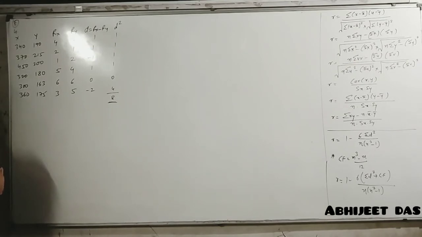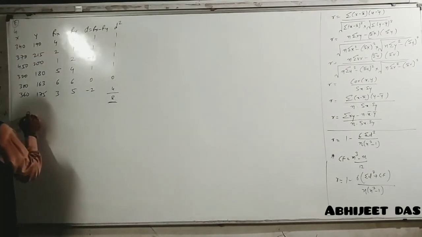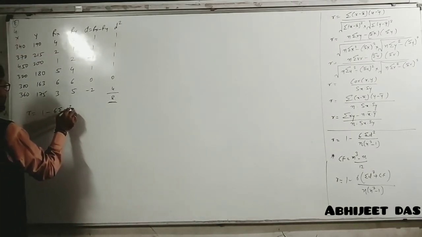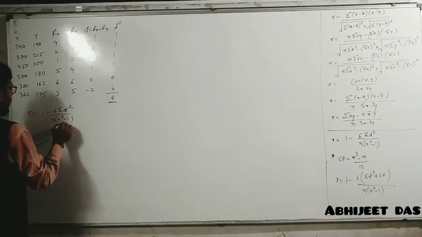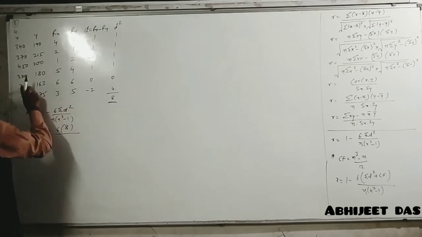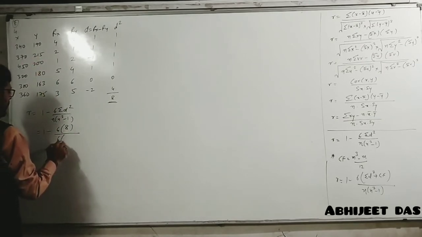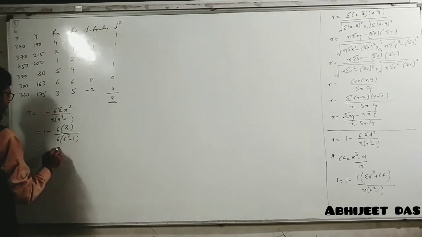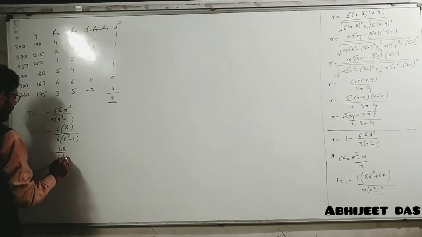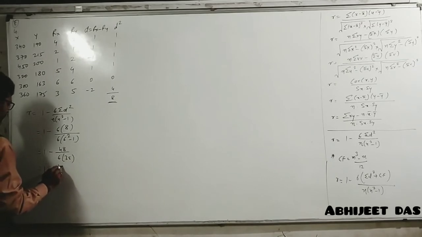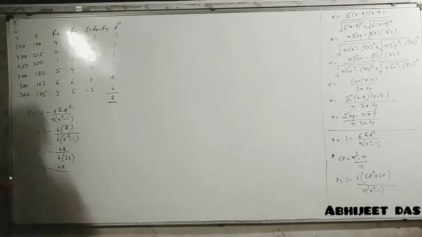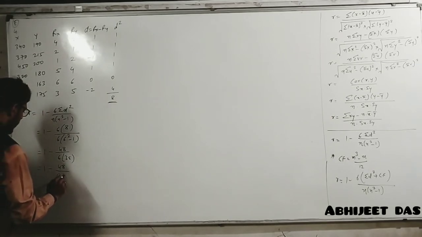Then applying the formula. Apply over here: 1 minus 6 sigma d square whole upon n into n square minus 1. 1 minus 6 into 8 whole upon 6 into 6 square minus 1. 1 minus 48 upon 6 into 35. 1 minus 48 upon 35 into 6, 210.